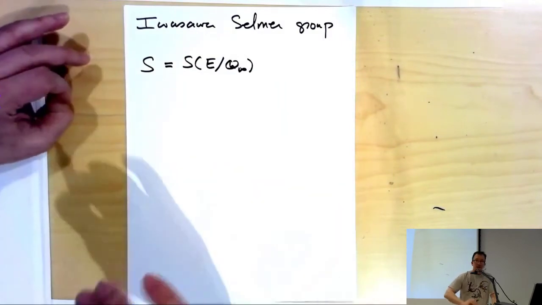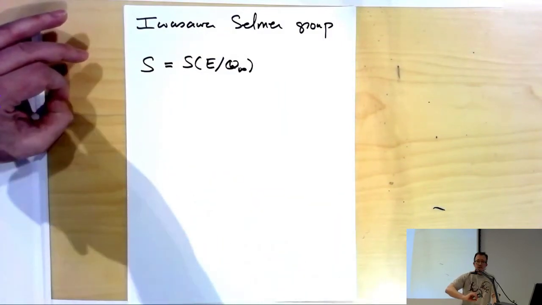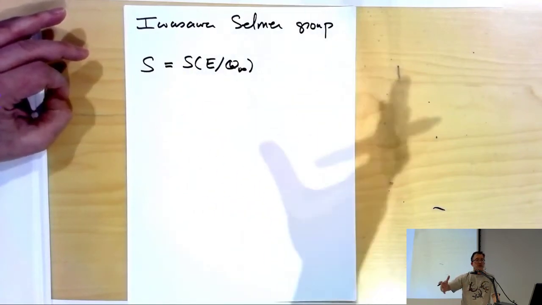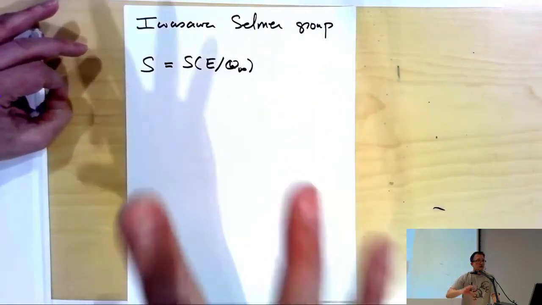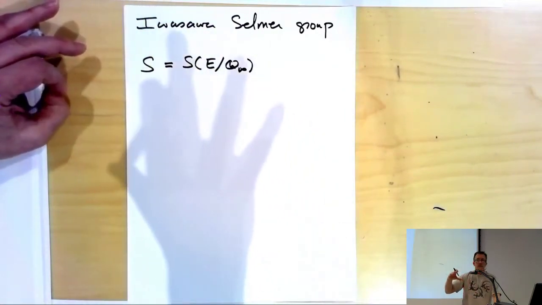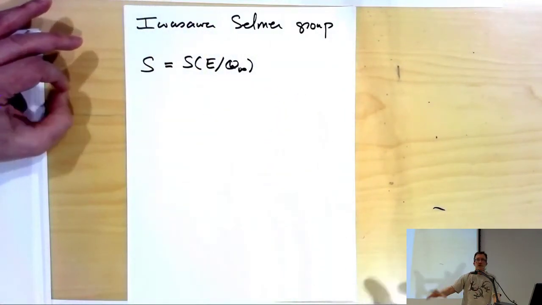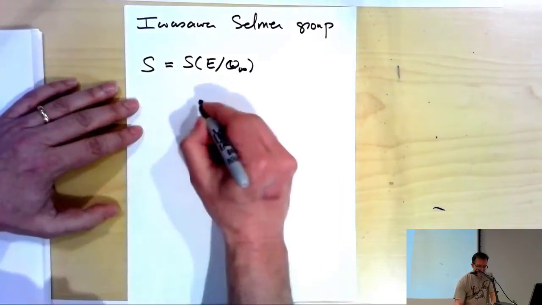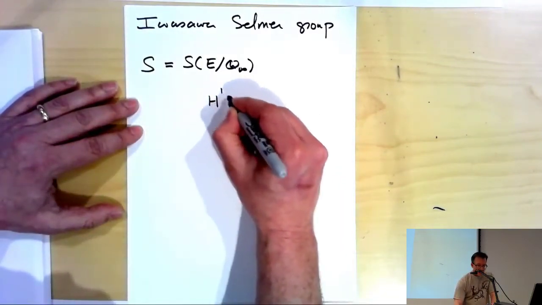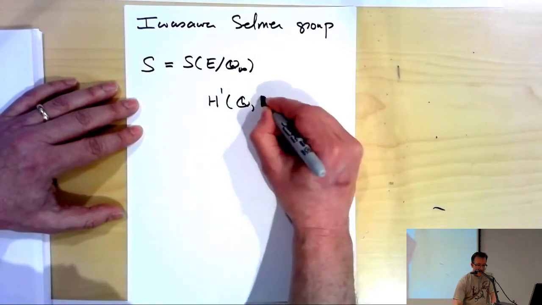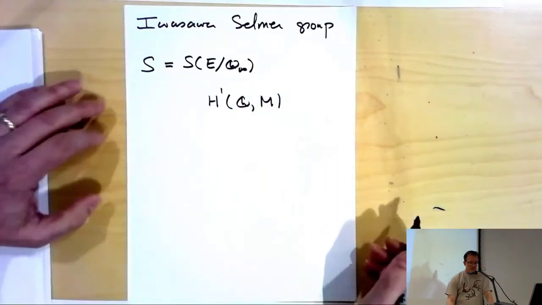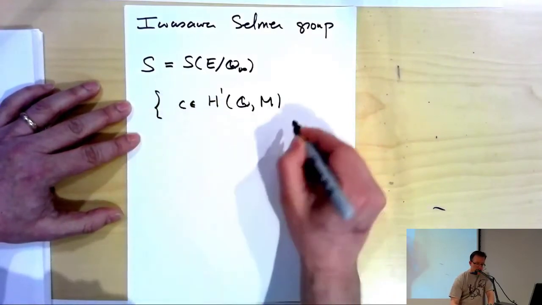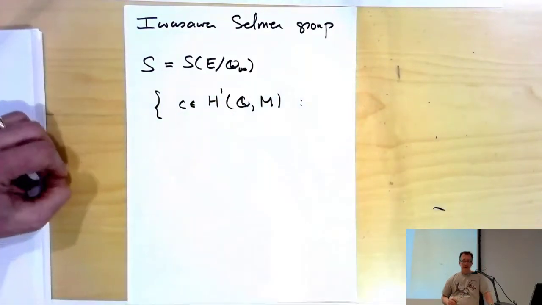And instead of defining it as a directed limit of Selmer groups of the elliptic curve defined over larger and larger fields, I'm going to define it as a cohomology group over Q, but with coefficients in this very large discrete Galois module M. So elements are going to be in this H1 of Q with coefficients in M. We're going to take classes inside here, and then they're going to have to satisfy certain conditions.